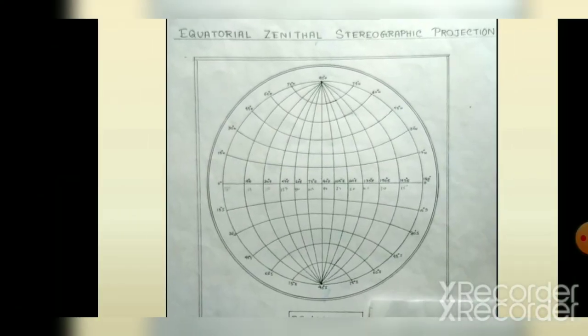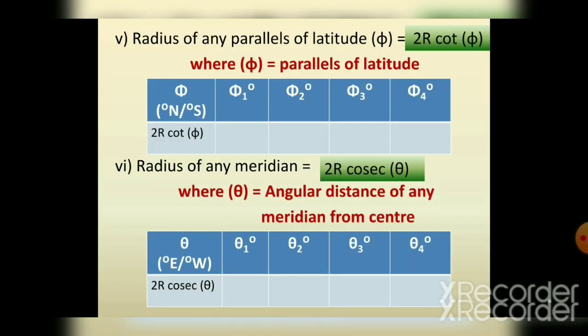So I come to the previous table. For theta 1 means 15 degree, but it will stand for 75 degree east and 105 degree east. Similarly for theta 2 value, it will be 30 degree, but it will stand for 60 degree east and 120 degree east, and so on.